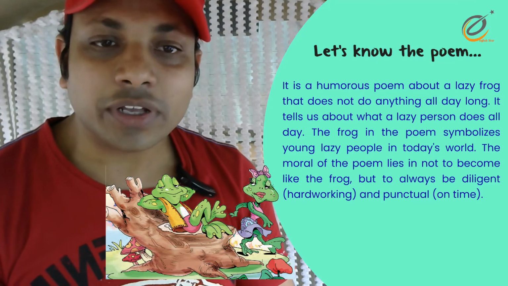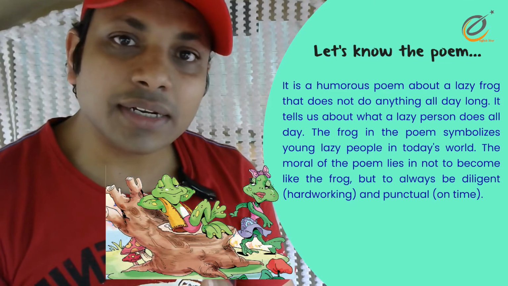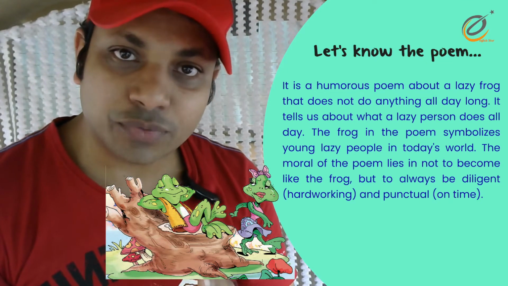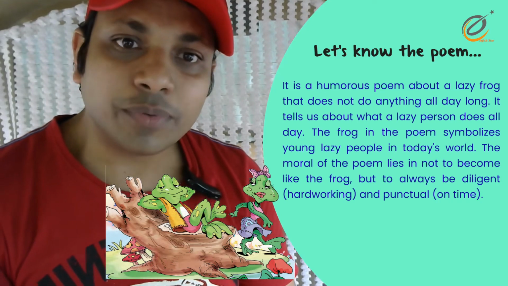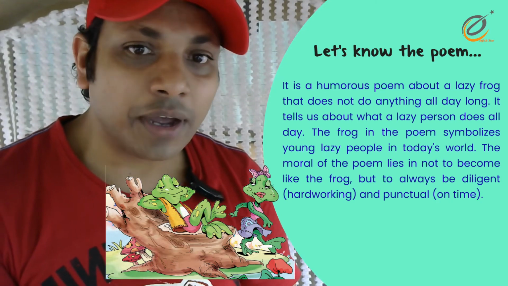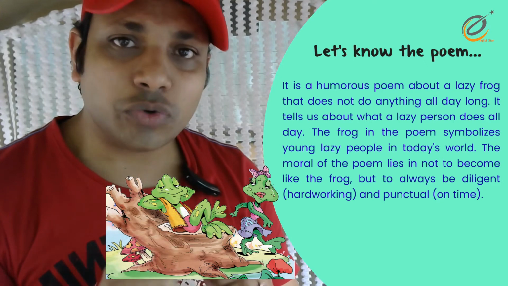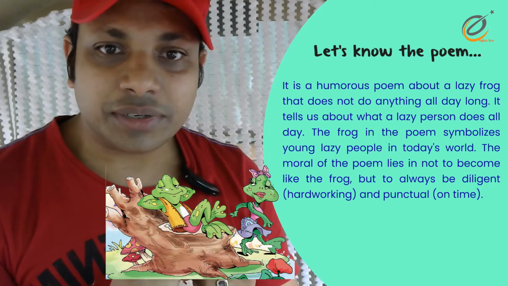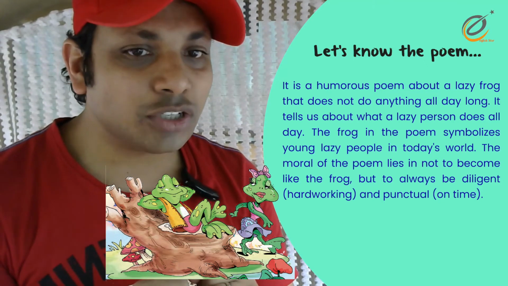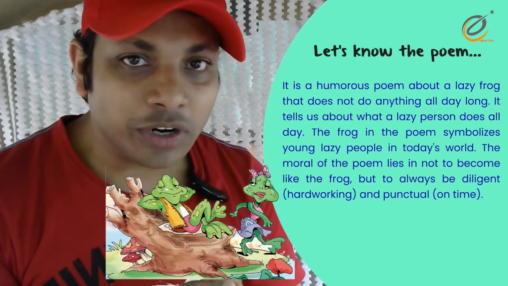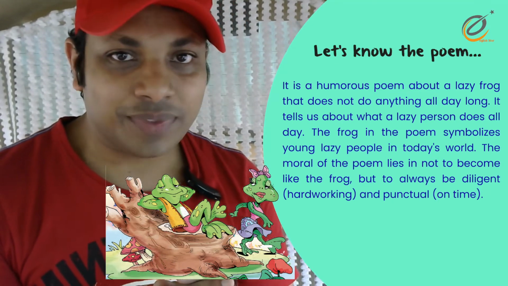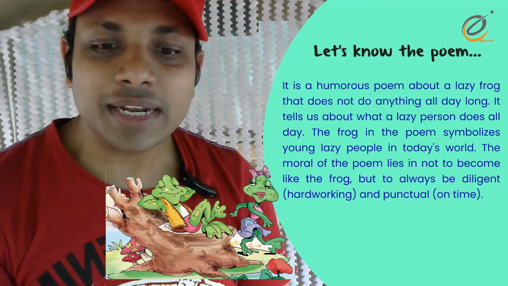The frog in the poem symbolizes young lazy people in today's world. The moral of the poem is not to become like the frog, but to always be diligent, meaning hardworking, and punctual, meaning to be on time, to complete on time. Right, students? So with this, let us move ahead.